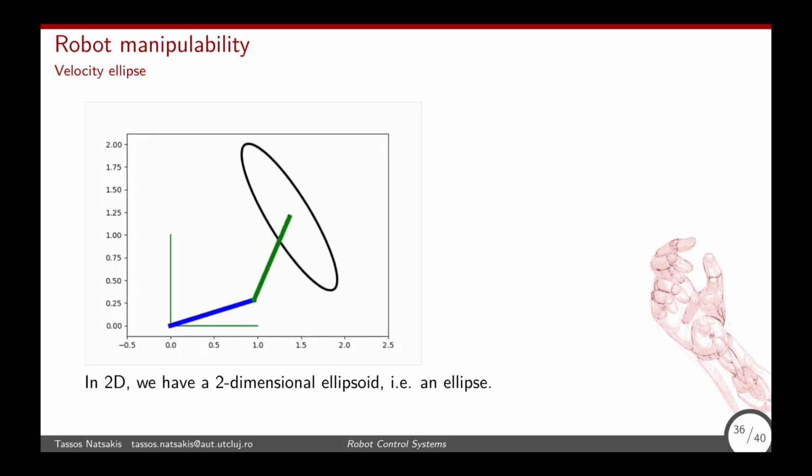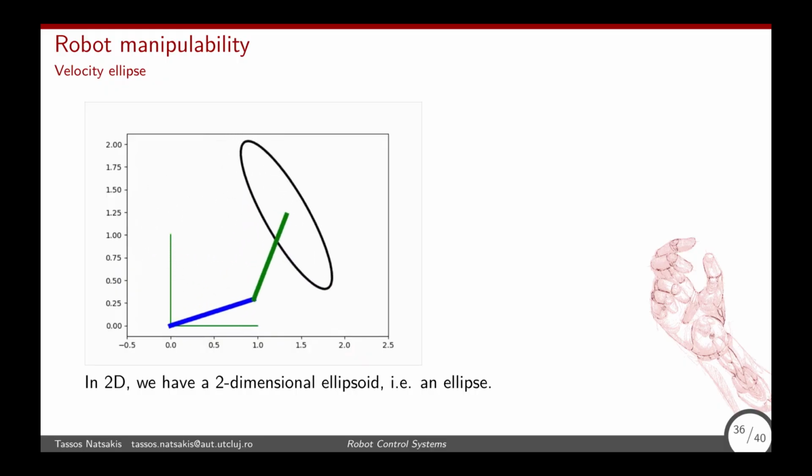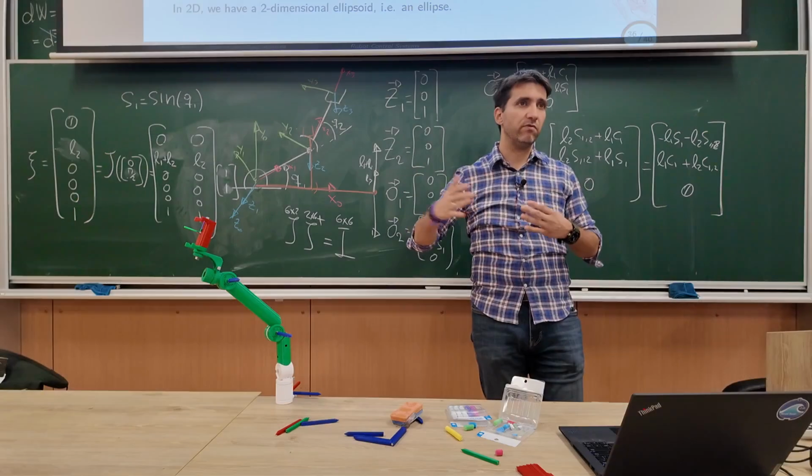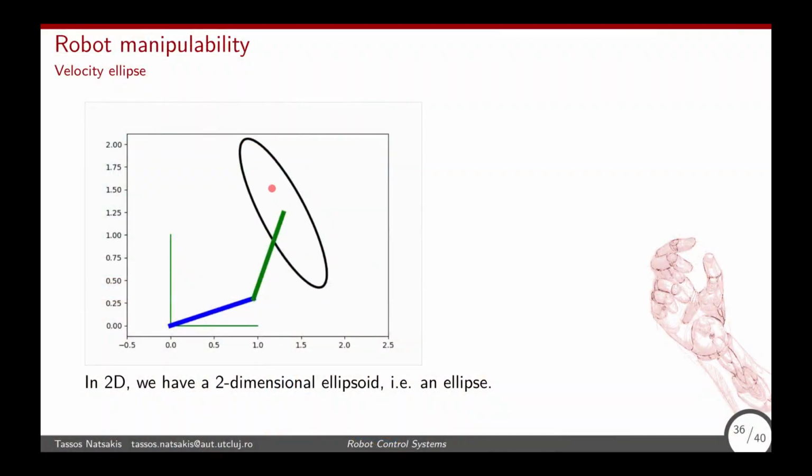So when the robot configuration is changing, we can draw at the end effector this ellipse, which shows us what, in different directions, are the magnitudes of the end effector velocities possible.